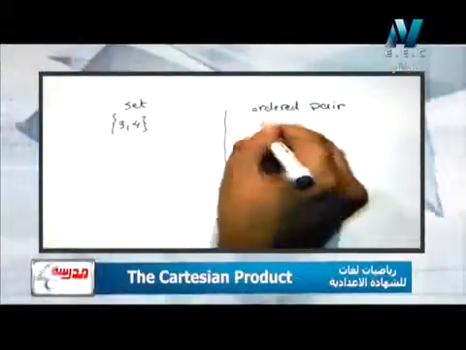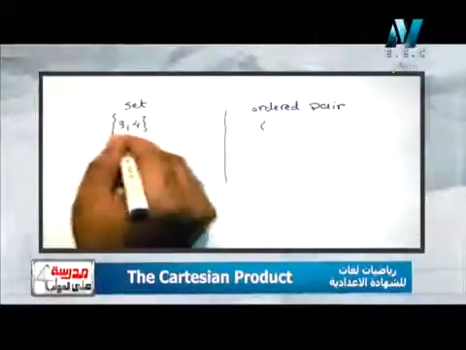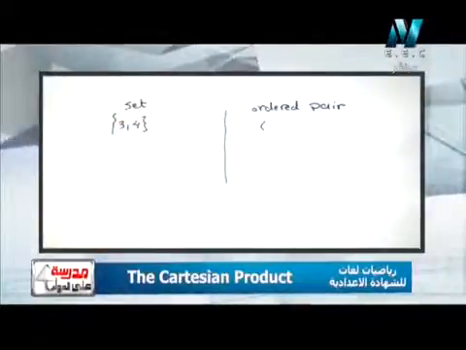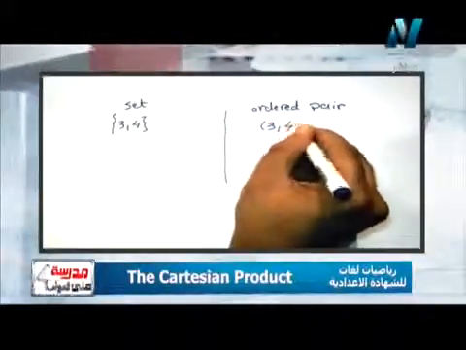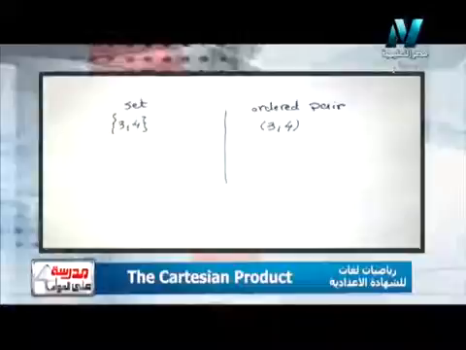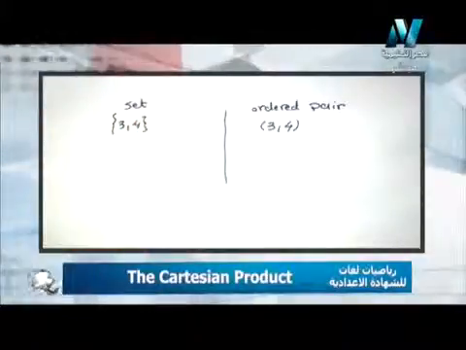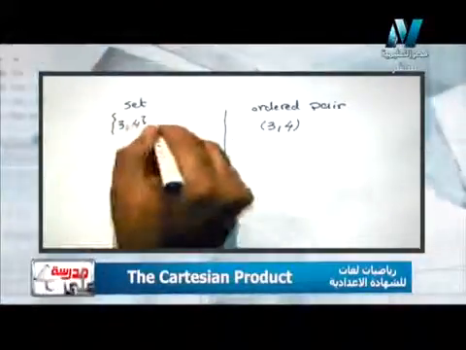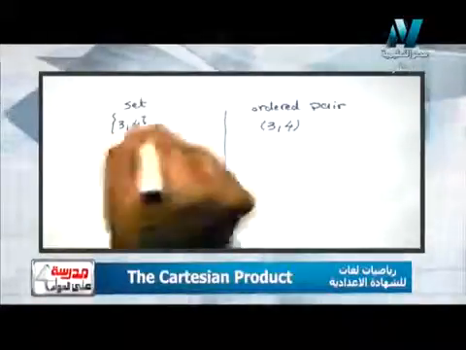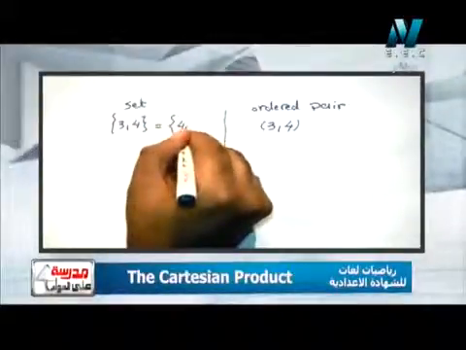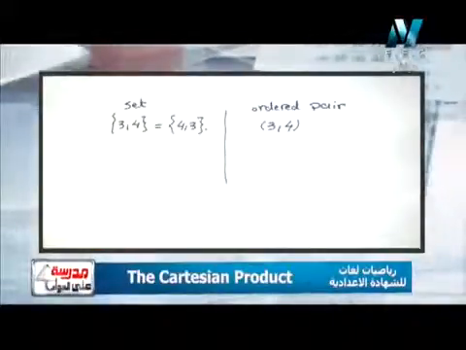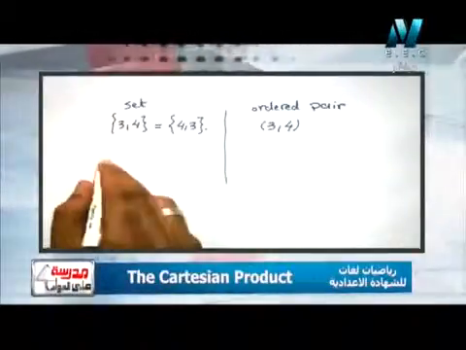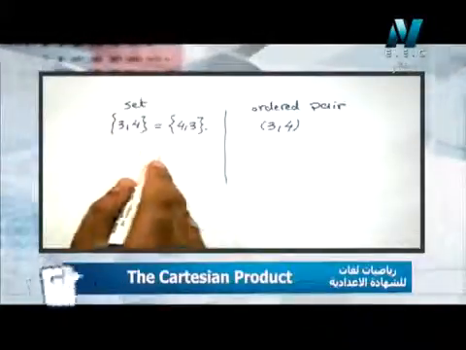Here we have the set, put two braces like that, put 3, 4. But the ordered pair equals like (3, 4). Is the order in a set important? It is not important, because we can say {3, 4} equals {4, 3}. It means the order in a set is not important, because the elements 3, 4 are the same as 4, 3.